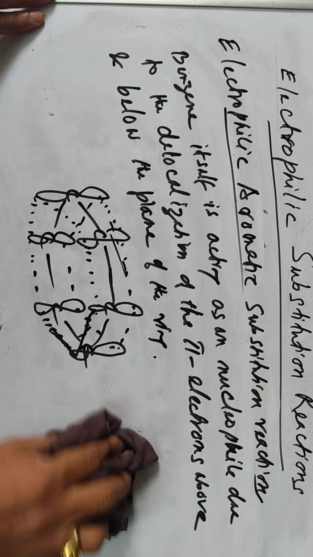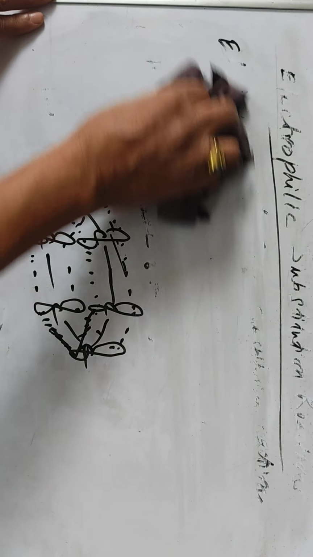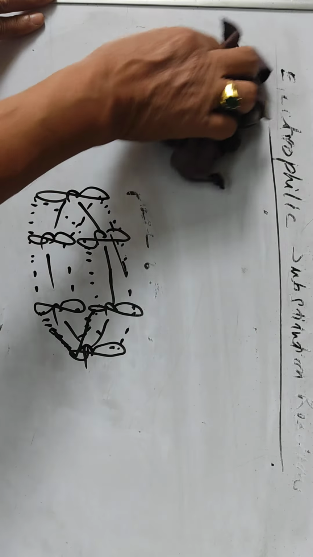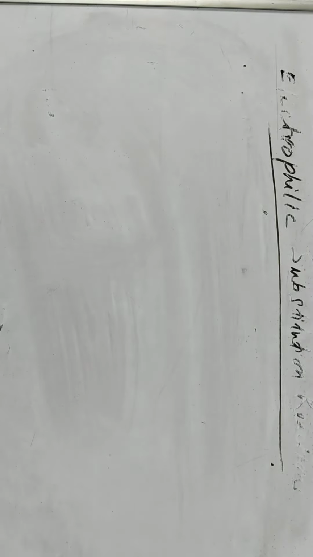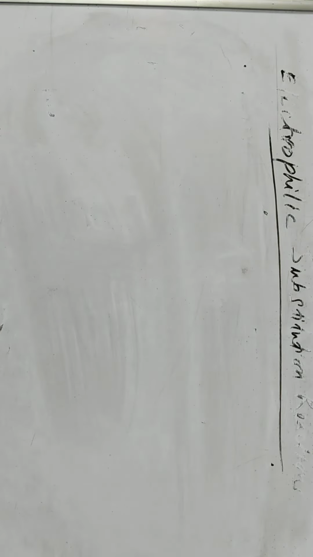I'm repeating again, benzene itself is acting as a nucleophile because of the pi electrons delocalized above and below the benzene ring. So in electrophilic aromatic substitution reactions, the electrophile is attracted to the pi electron system.